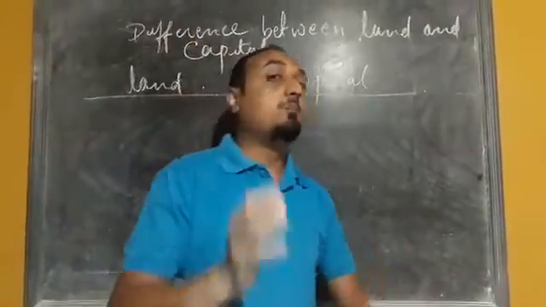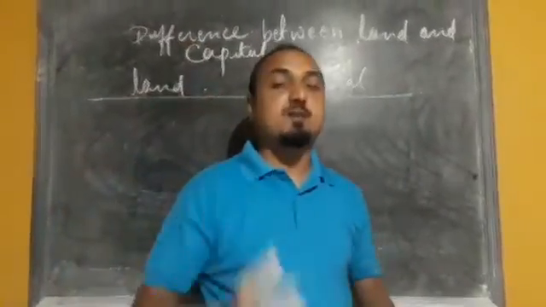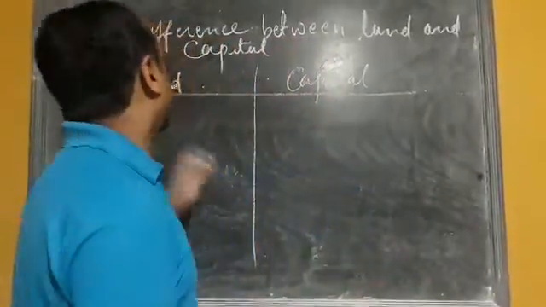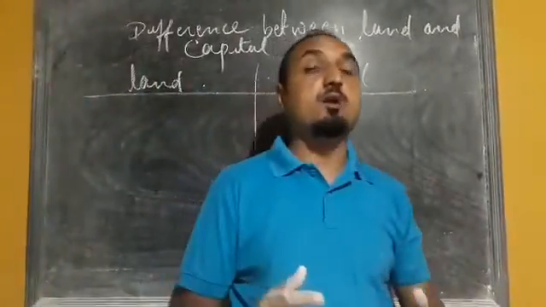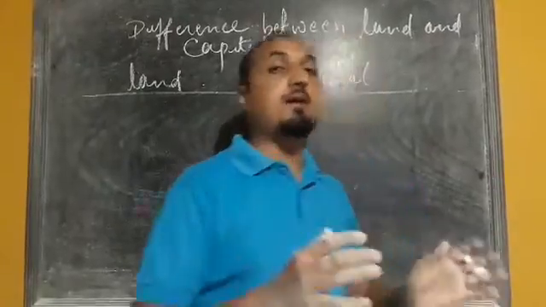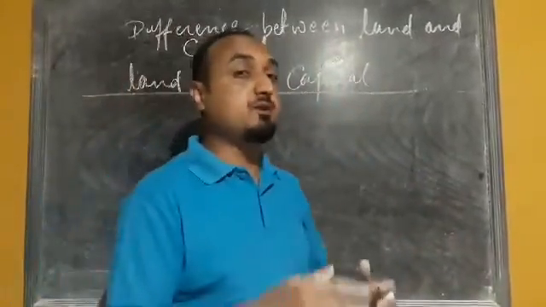As we have already completed the concept, characteristics, definition and the function of land and capital, now we are going to differentiate between land and capital. So what are the differences between these two?